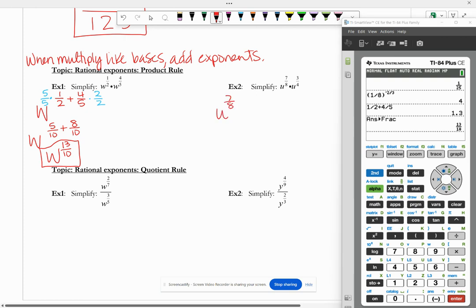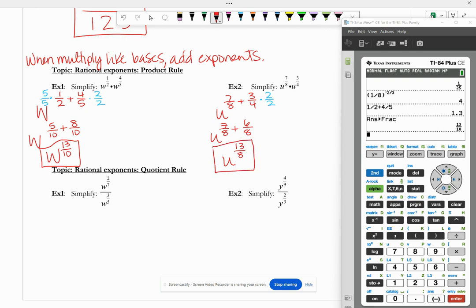If I do U to the 7/8, and then I'm multiplying, so I'm going to add that fraction, 3/4. My least common denominator is actually 8. So the only number I need to change is this 3/4 by multiplying it by 2/2. That's U to the 7/8 plus 6/8, which is U to the 13/8.